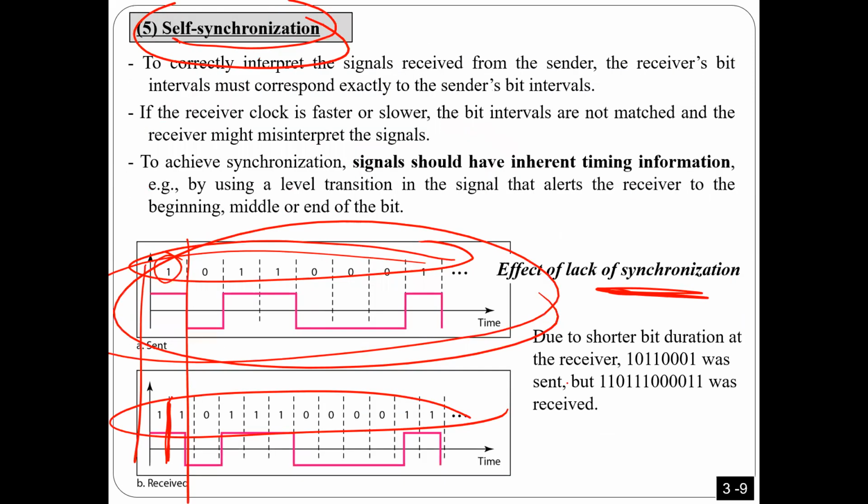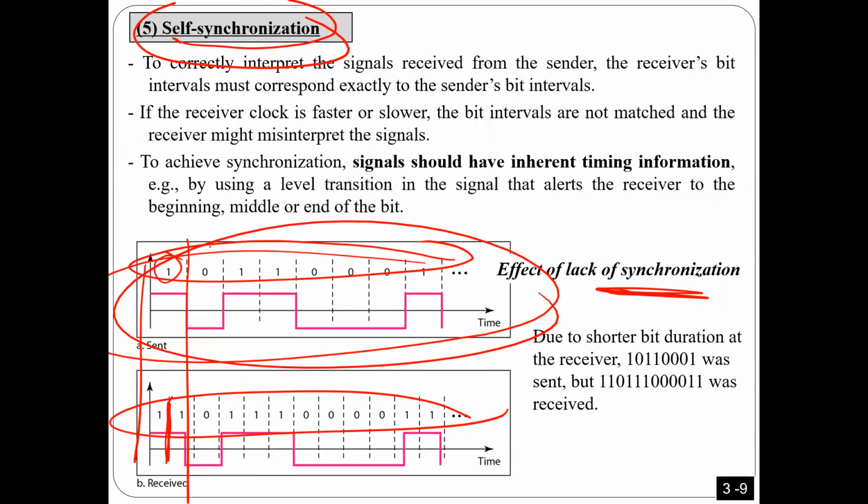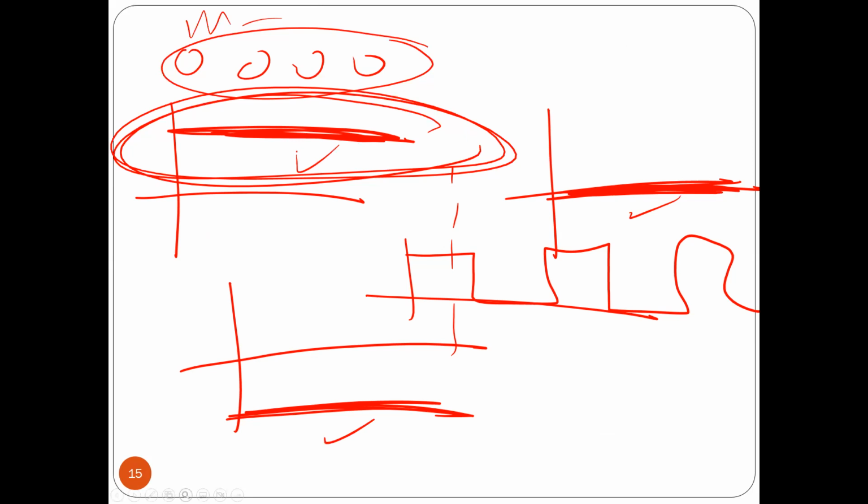Okay. The other thing I want to teach is what we call baseline wandering. Okay. Also, what is baseline wandering? I'm going to tell you. But again, I'm going to repeat this because that's very important.